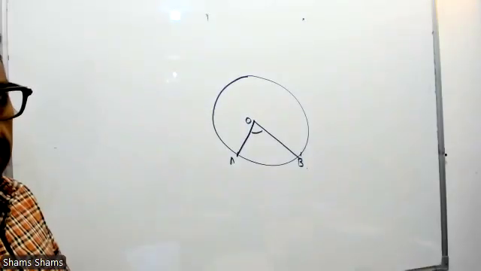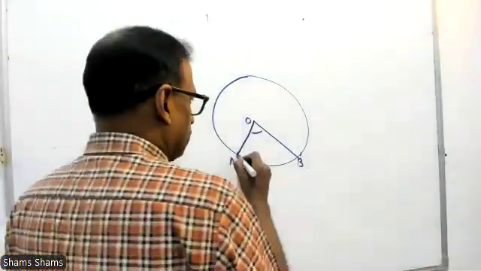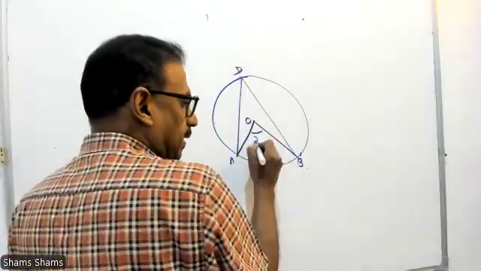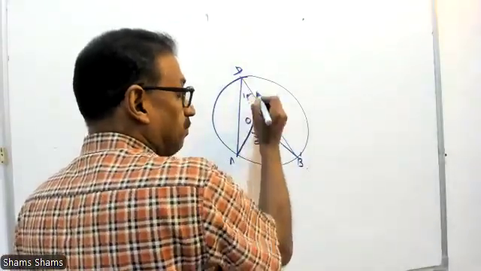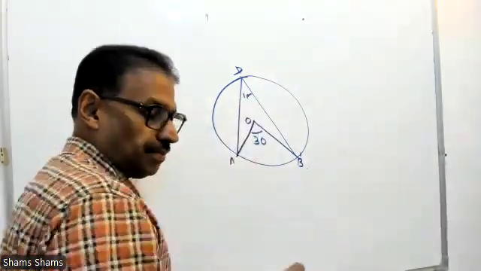This angle is called the center angle. The angle subtended by an arc at the center is double the angle subtended by it at any point on the remaining part. Look at this angle P. Suppose this is 100, this will be 50. This is half.